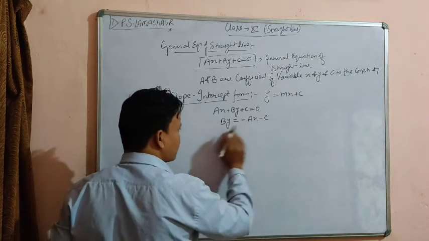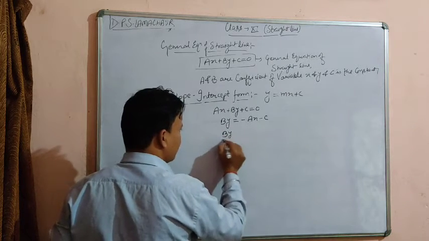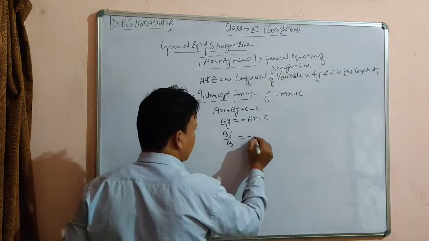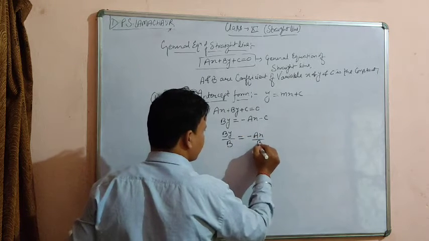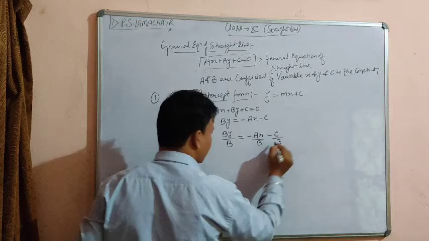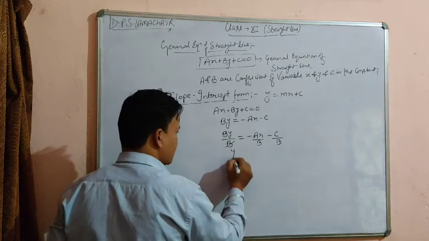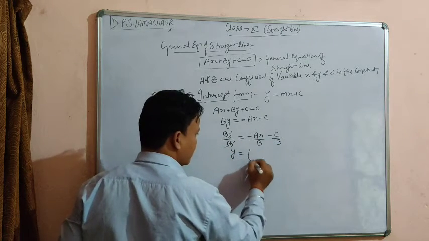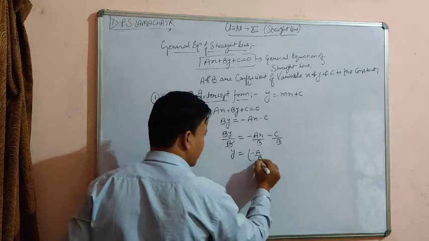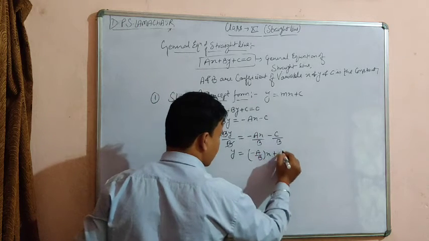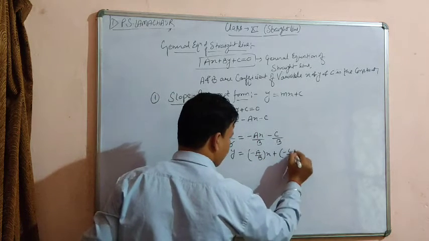Dividing both sides by b, we get by upon b equal to minus ax upon b minus c upon b. Here b and b cancel out, so y is equal to minus a upon b times x plus minus c upon b.